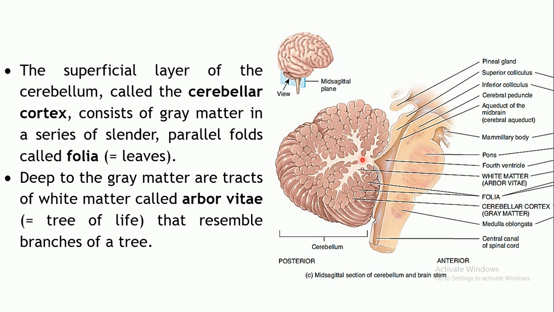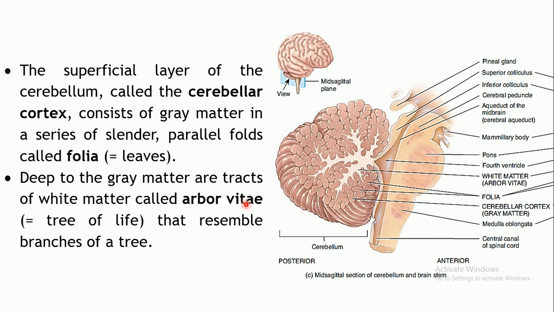And deeper to the grey matter, that's the cerebellar cortex, lies the white matter, which mainly comprises myelinated axons. This white matter is known as arbor vitae, meaning tree of life. It appears like the branches of a tree, that's why it is called arbor vitae.